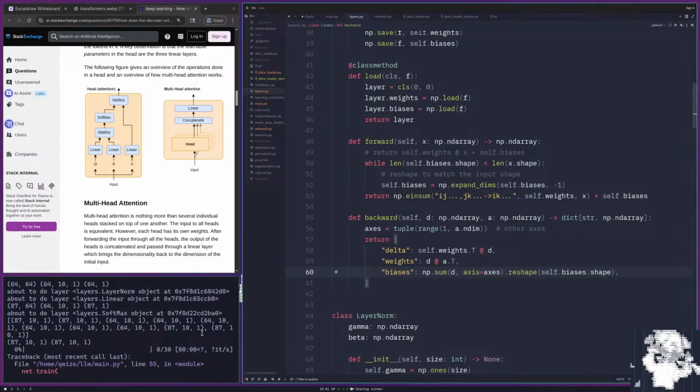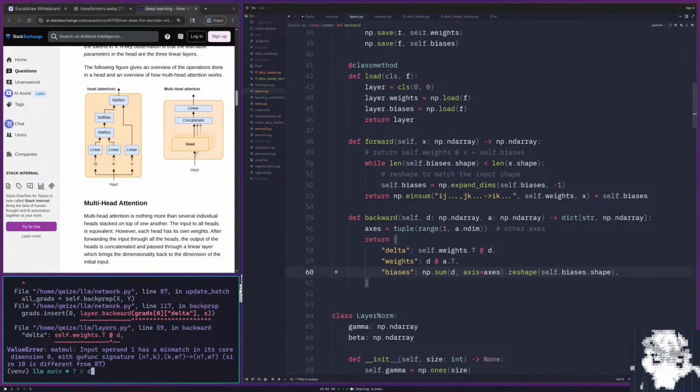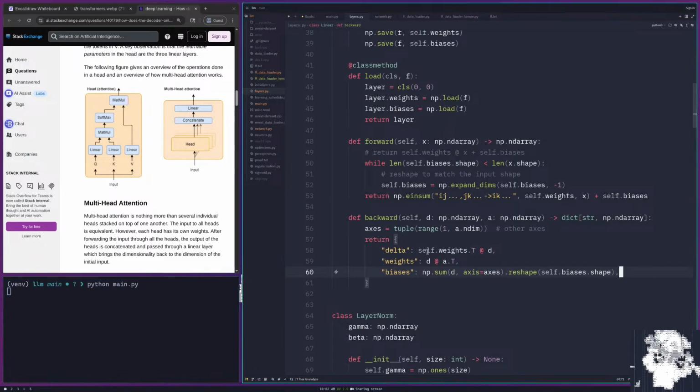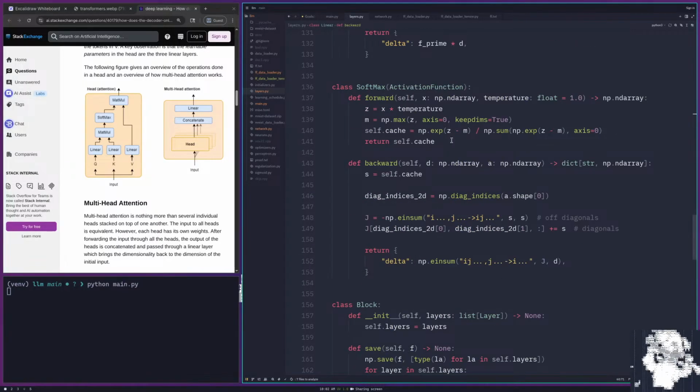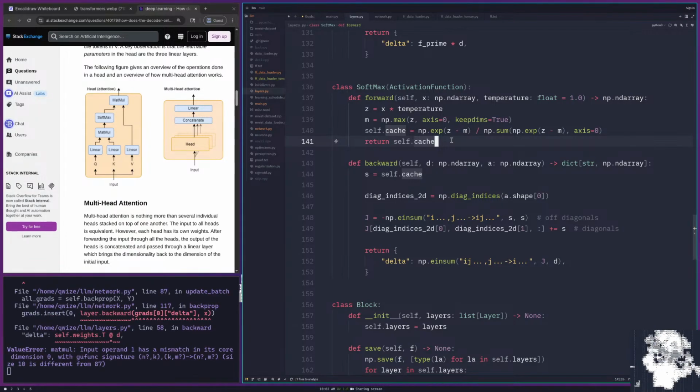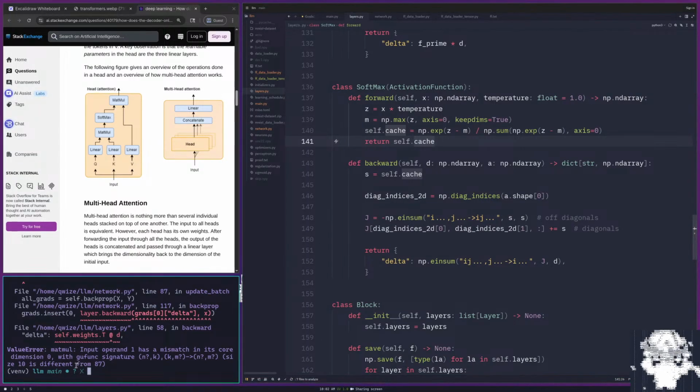Okay, so we're at softmax. We've got a new error. Input operand 1. No, we're not at softmax.